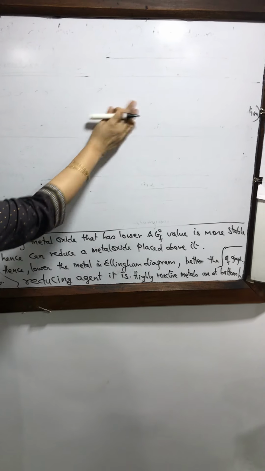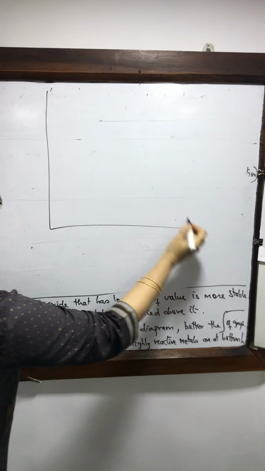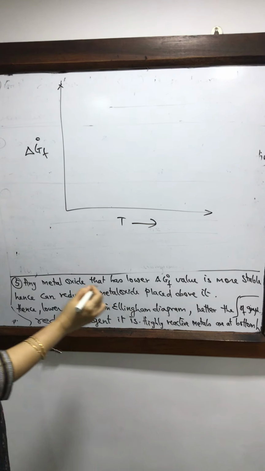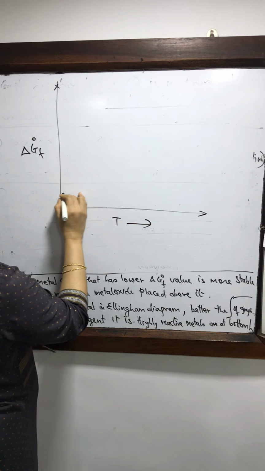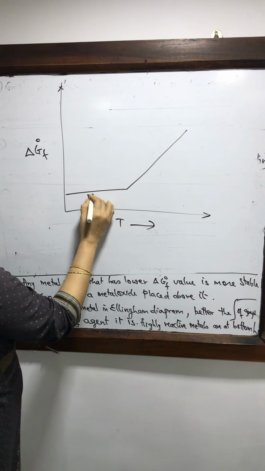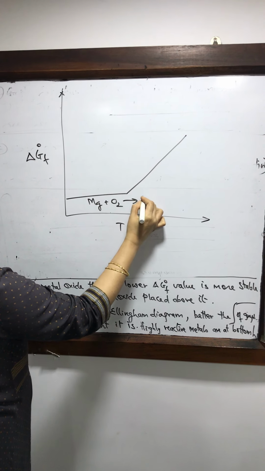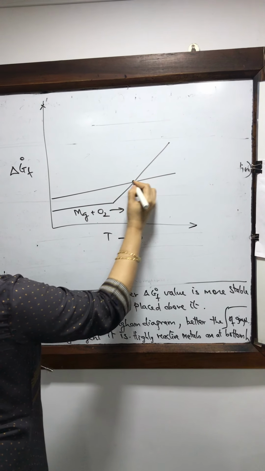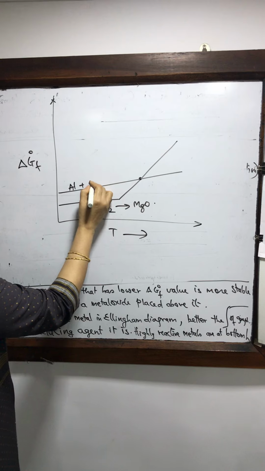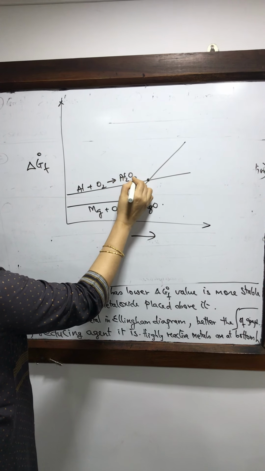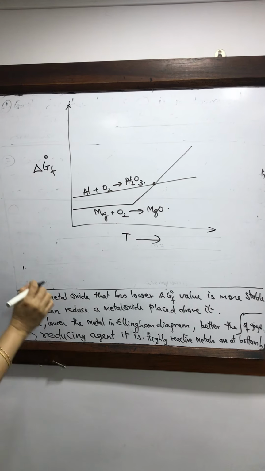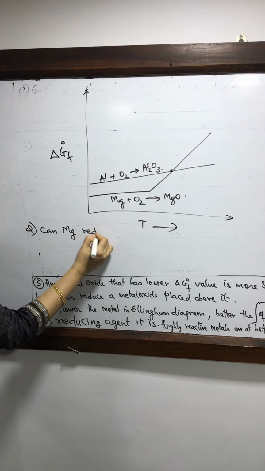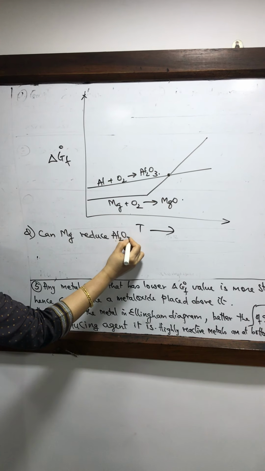Let us take an example to understand this point. Let us look at the graph again. If you look at the graph, you will see that this is the graph for the formation of magnesium oxide, and this is the graph for aluminium oxide. Now the question is, can magnesium reduce aluminium oxide?